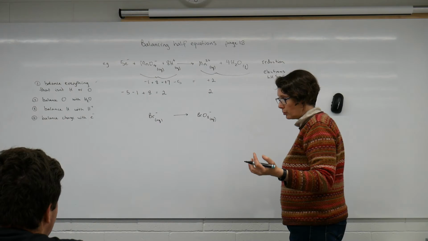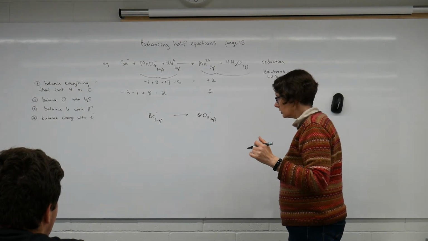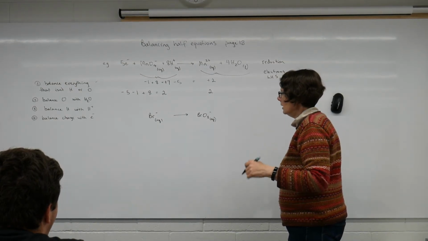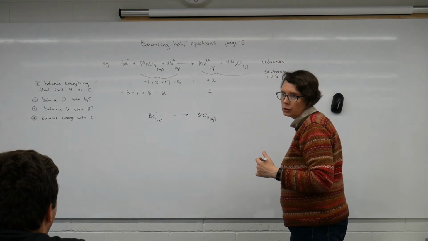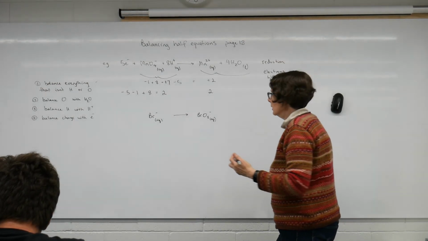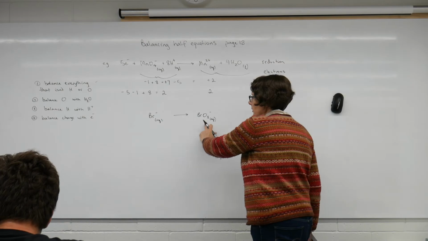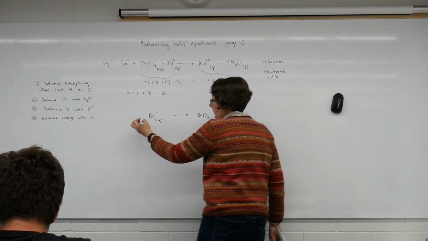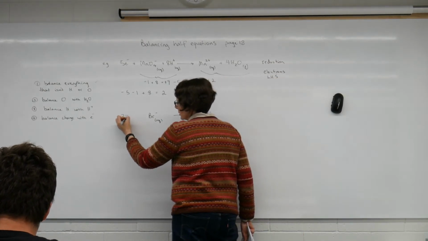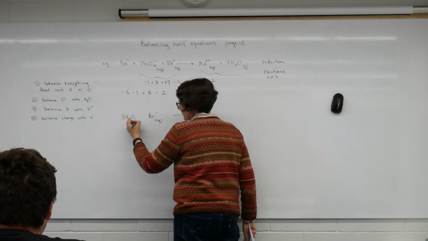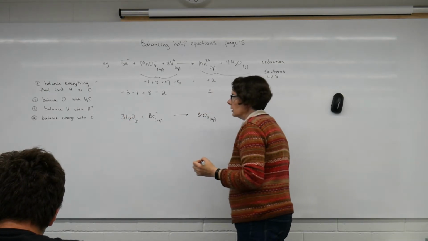I've only got one bromine on either side, so that's fine. Then I need to balance the oxygens with water. I've got 3 oxygens on this side and none on this side. I'm going to need 3 waters over here to balance the oxygens.